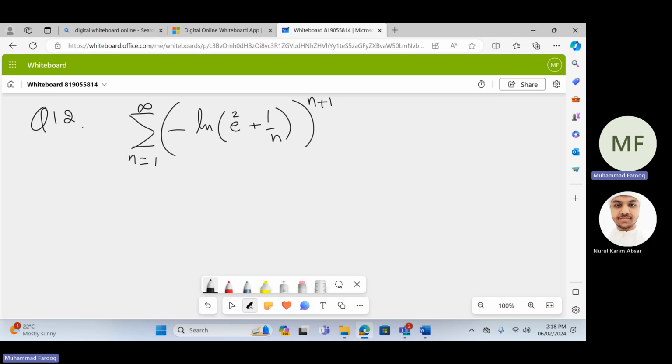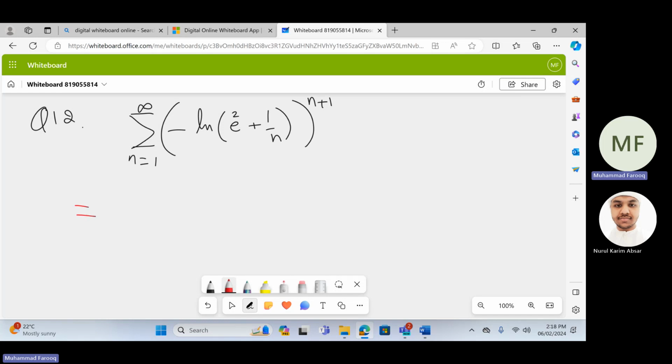Now we have to check whether it converges or diverges, by which test? Whatever is mentioned in the exam, please follow only that procedure. So we have to use the root test, which requires the nth root.